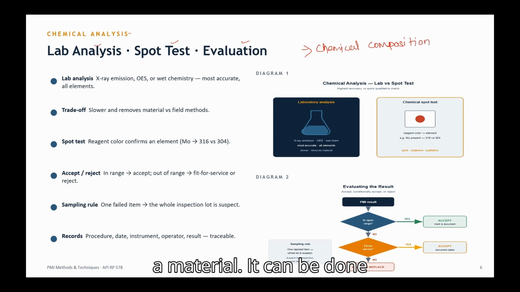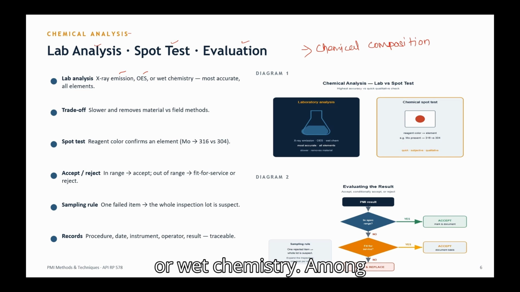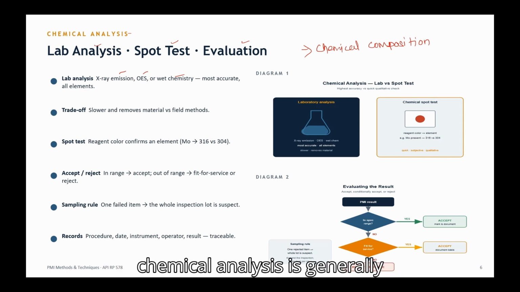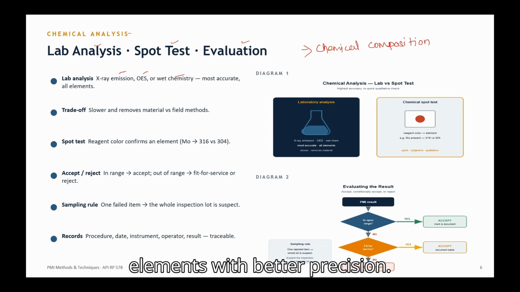It can be done by different methods: X-ray emission, OES, or wet chemistry. Among PMI verification methods, laboratory chemical analysis is generally considered the most accurate because it can identify and measure many elements with better precision.